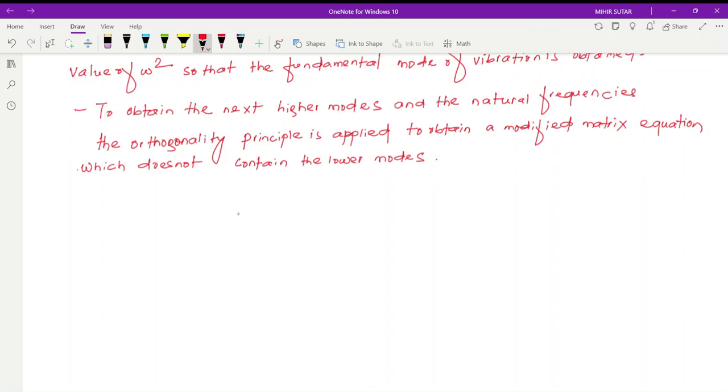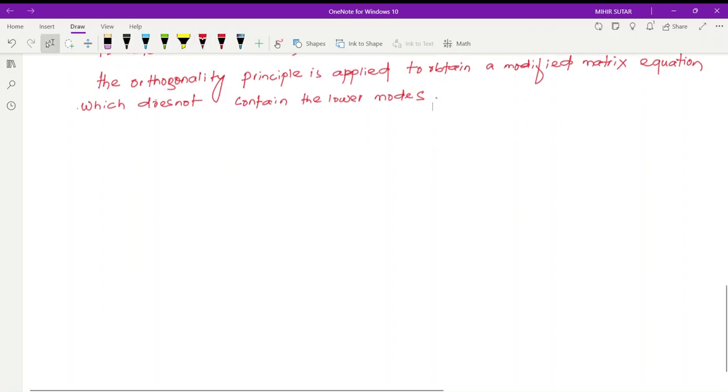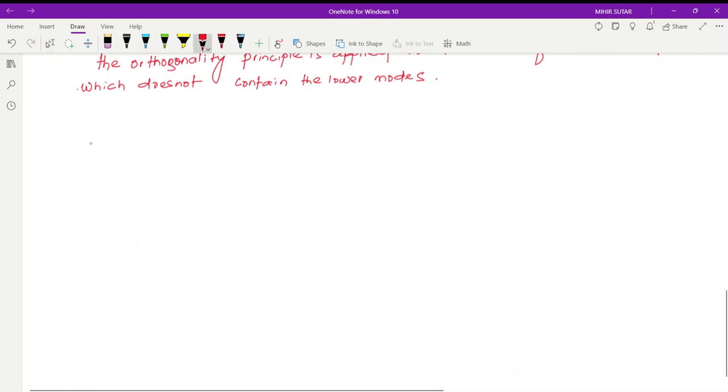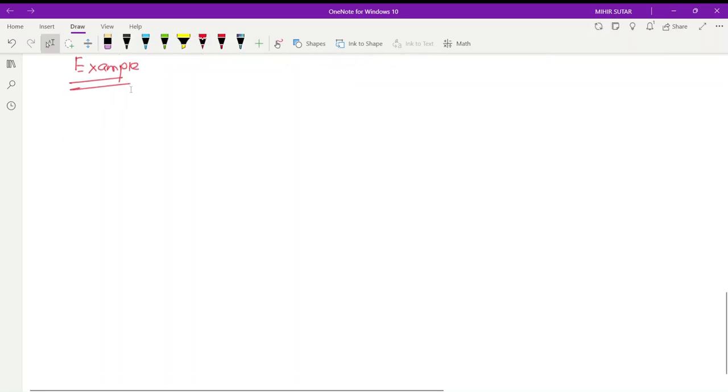Okay. Now we will take an example so that it will be clear to all of you. Let us say we have an example. We have a system, multi-degree of freedom system like this.